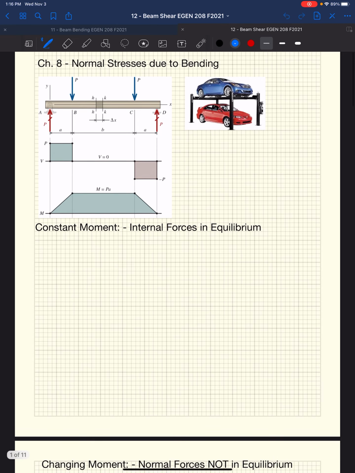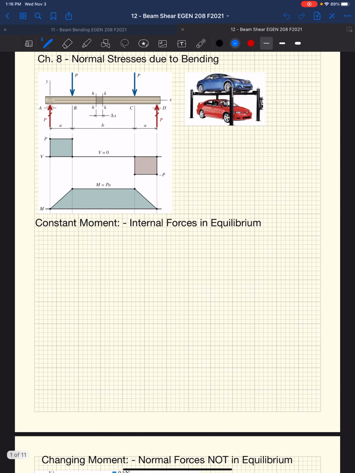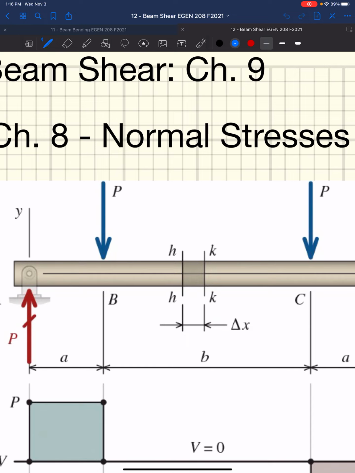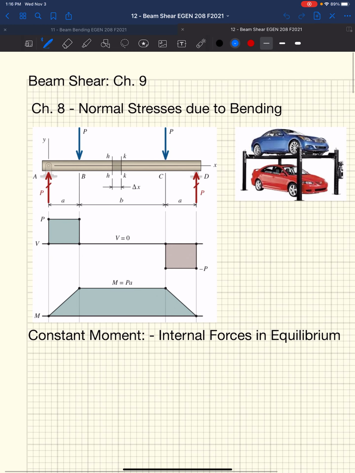So we're going to look at what the internal forces are in a block, this little HHKK block that we've cut out before, right? So we're going to take a little slice of our beam and look at what internal forces are acting on it if we are in a position where we have constant moment, right? So this little sliver that we're going to take, delta x, is acting at this maximum moment, which is P times A, right?